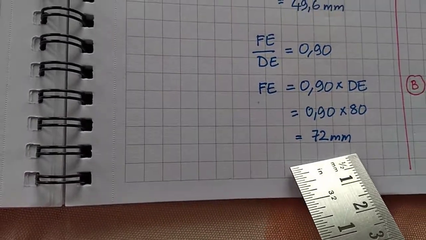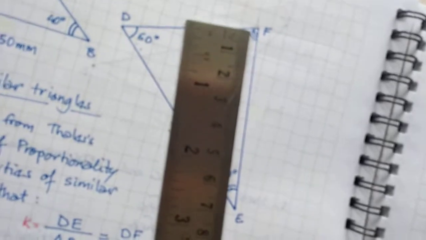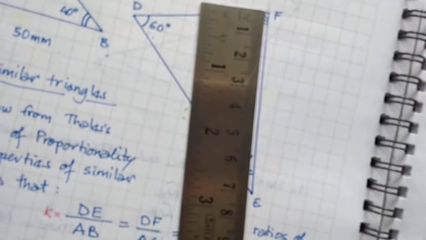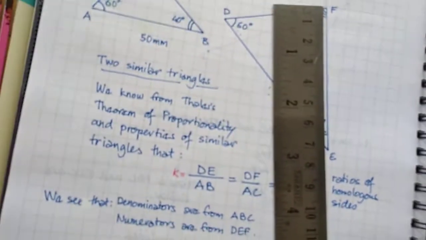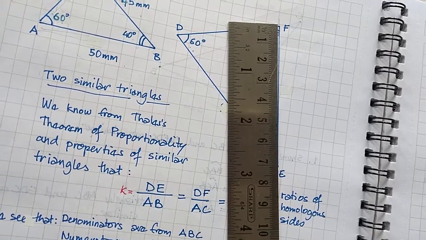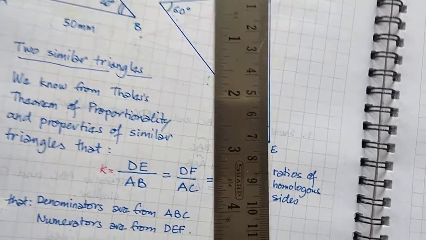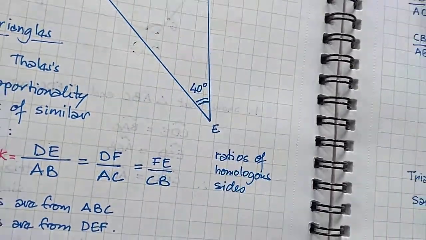And when we come here, you see that FE is equal to 72 millimeters. So if I measure FE, you see it is close to 71 millimeters there.